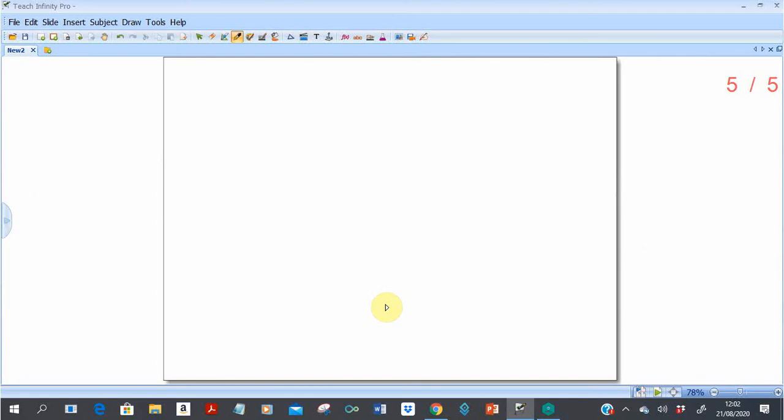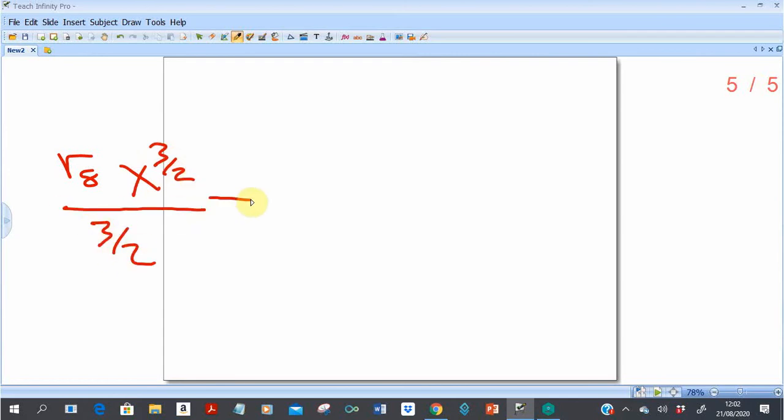We now integrate, and this gives us square root of 8 x to the power 3 over 2 over 3 over 2 minus x to the power 3 over 24.